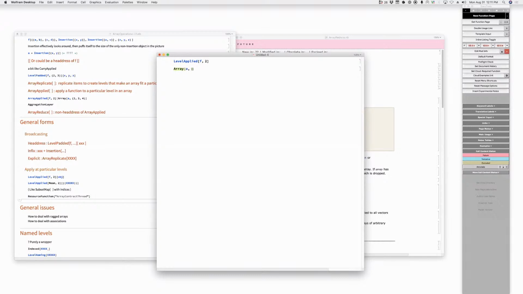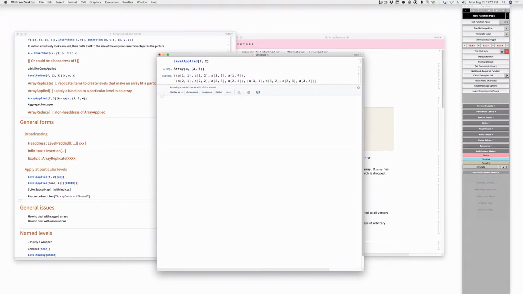We have array A34, for example. What we want to do is apply this at level 2, and maybe level applied isn't the right term, but we want an equivalent operation, and I think Jose had identified this. It's a transpose, apply, transpose back type operation.